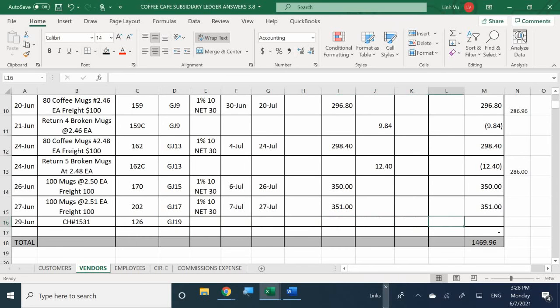Payment: in the payment column, we put 196. Our new balance would be 1,273.96. Good.